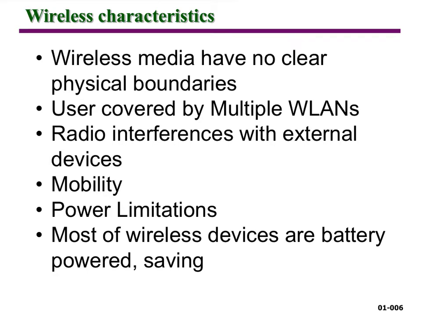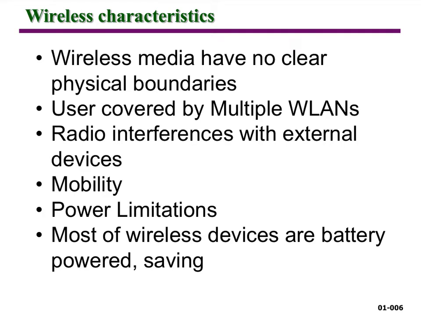Not only that, when you are mobile, you move from the coverage of one access point to another. So how do you hand off, or how do you transition your communication from one access point to another? Okay, how frequently can you do that, and does that affect the communication that you're currently having?